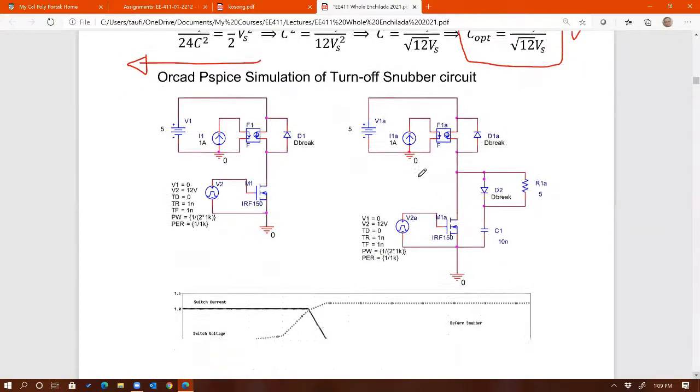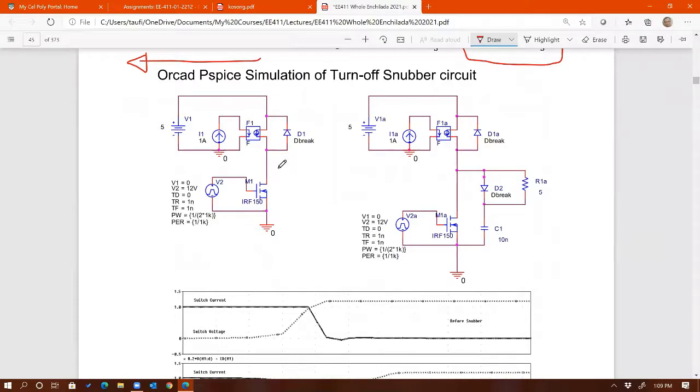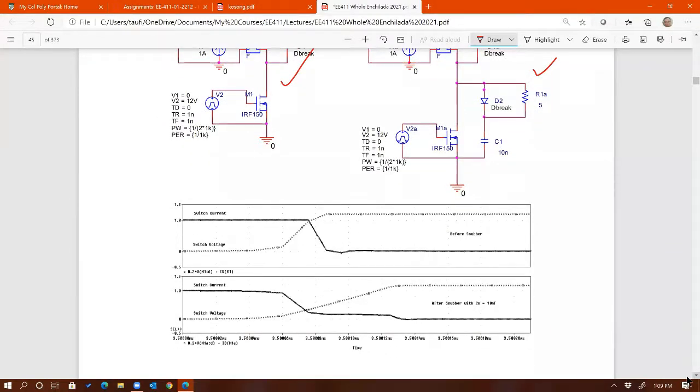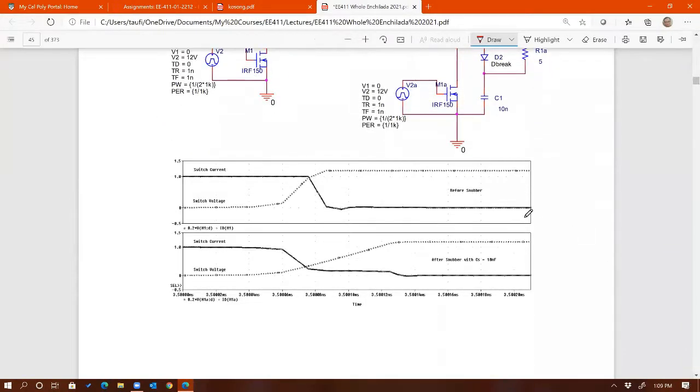All right, if not, then I did a simulation for the snubber before and after, you see that? Just to demonstrate how the snubber works in terms of minimizing switching loss. Before the snubber, look at the switching transitions during turn off.